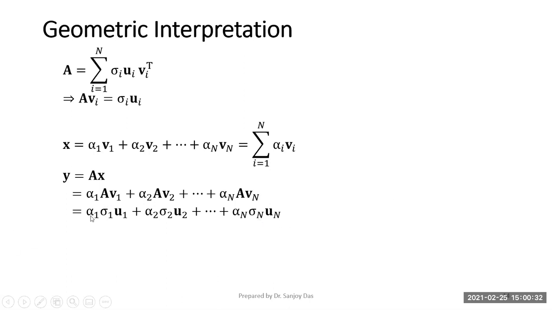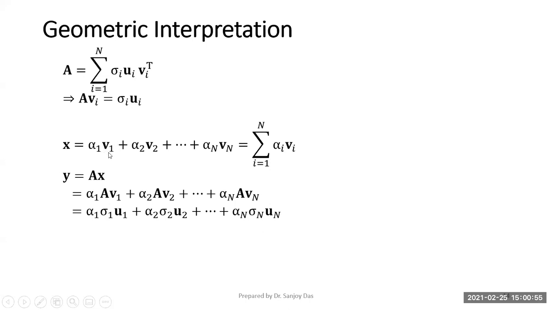So you have alpha 1 sigma 1 u1 plus alpha 2 sigma 2 u2 plus until alpha n sigma n un. Okay, so now this y is being expressed in terms of u's.